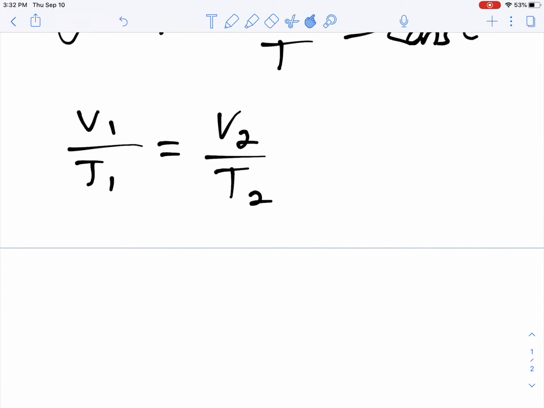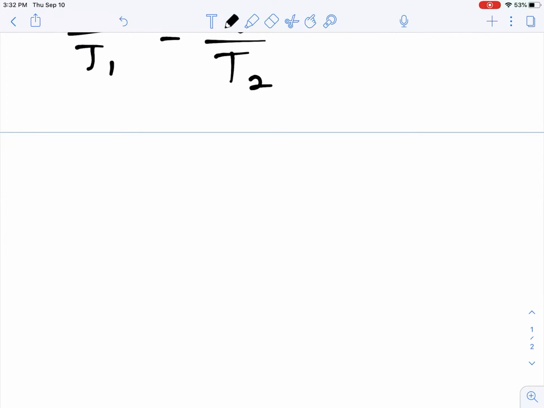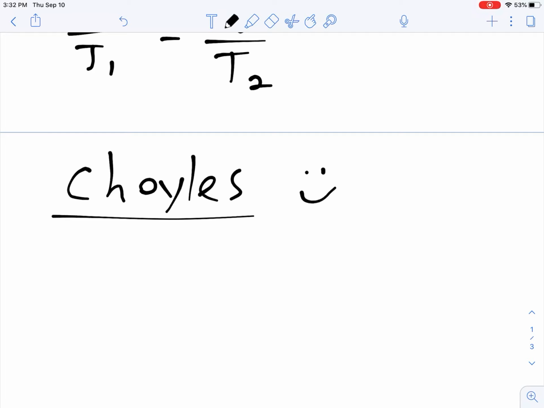Well, a really interesting thing happens. If you combine Charles' law and Boyle's law, you get what some people call the combined gas law. But to me, if you combine Charles and Boyle, you end up with Choyle's law. Anyways, combining the two says that PV over T is constant.